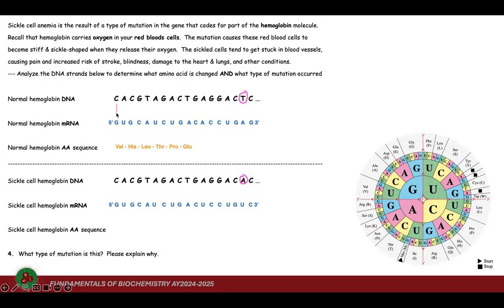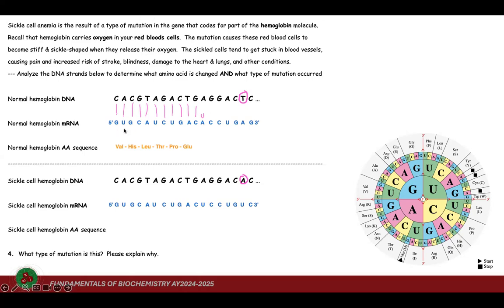This should be U, right? So this should be U. That's CCUGA. So that's GUG.